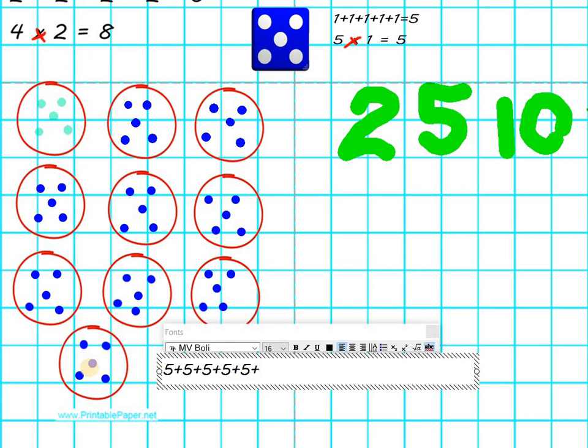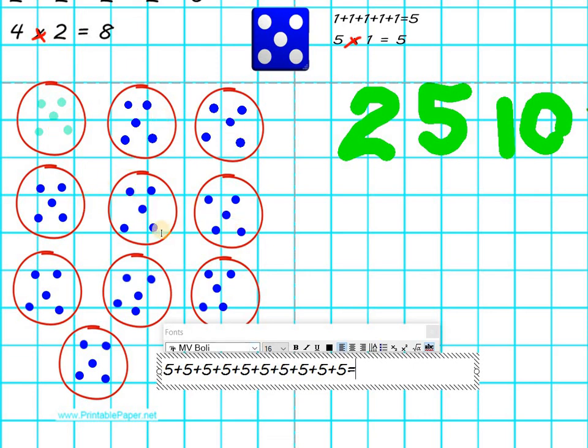Oops. Better count. 1, 2, 3, 4, 5, 6. This is the 7th 5. 8 5s. 9 5s. 10 5s equals, I don't know, now I got to count.